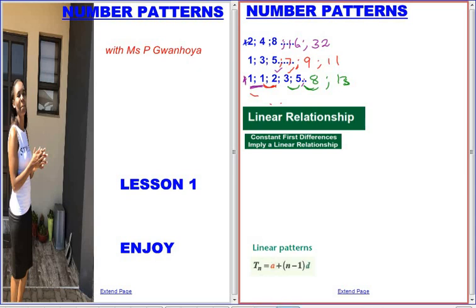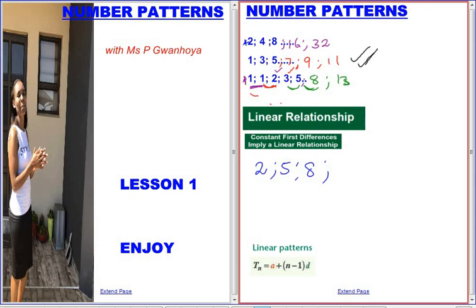For this particular lesson, I want us to talk about the linear one, like the one at number 2, where you keep adding a certain value to carry on. Let me randomly put other terms. Let's say I have 2, and I go to 5, and I go to 8. This is linear because there is a constant value that I'm adding.